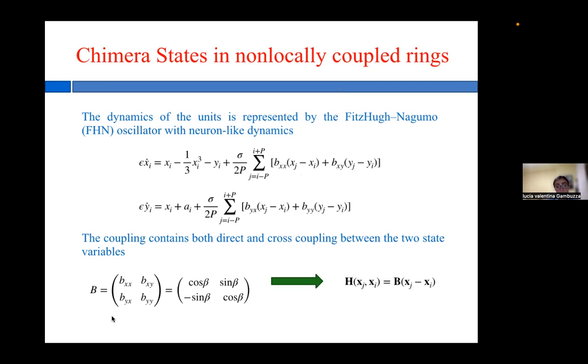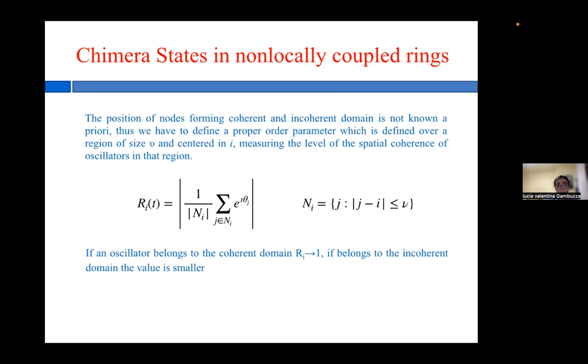The second term, the cross term, means that we also have a coupling between the two variables. So in the first equation, we have introduced the coupling of the difference with the second state variable. The strength of this coupling is given by this term, and so on. In the end, we will have a matrix with these four terms.